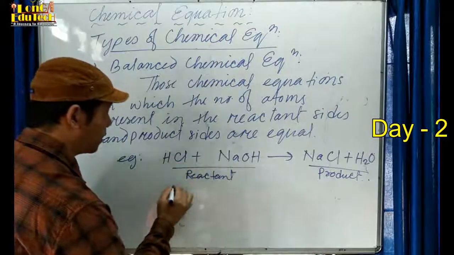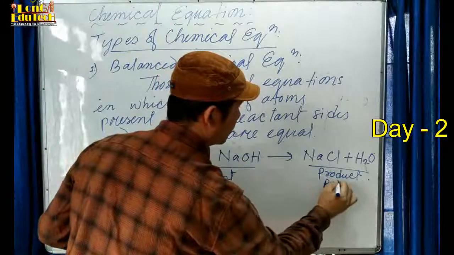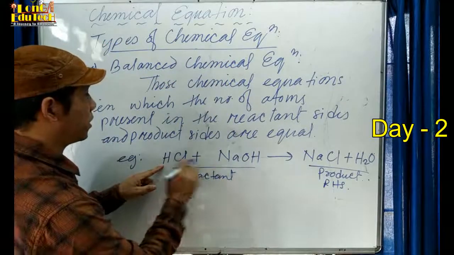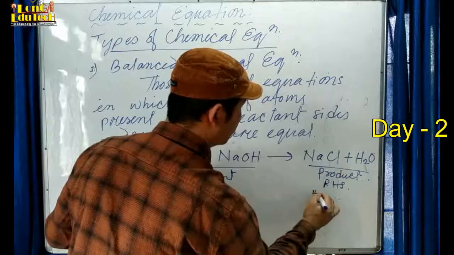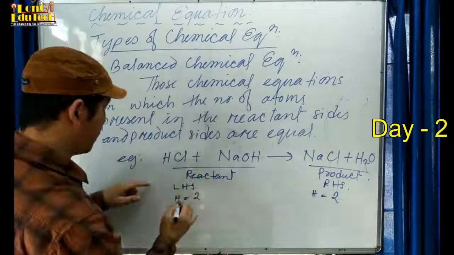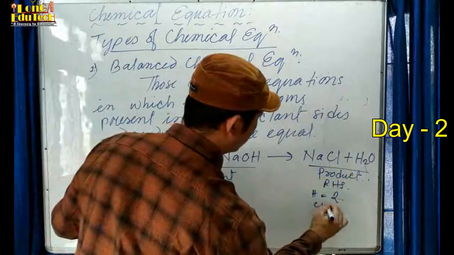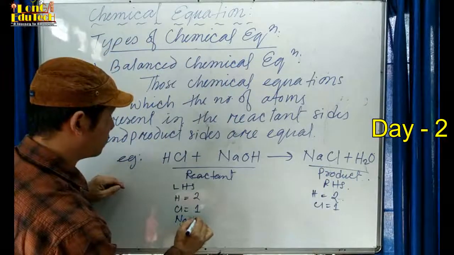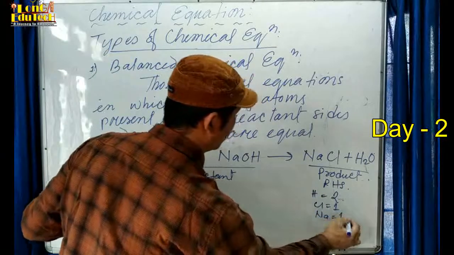This is the left hand side, and this is the right hand side. Let us see hydrogen. How much? 1 plus 1, that is 2. Here also hydrogen is 2. Same, right? Chlorine is 1, and here also chlorine is 1. Sodium is 1, and here also sodium is 1.